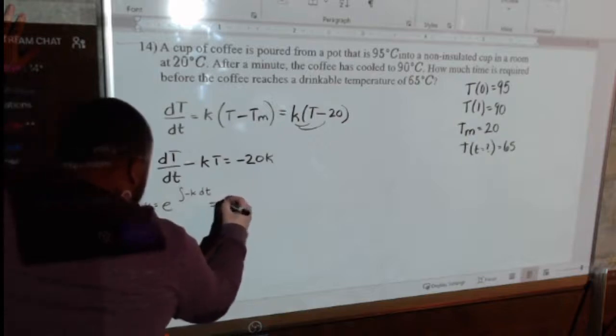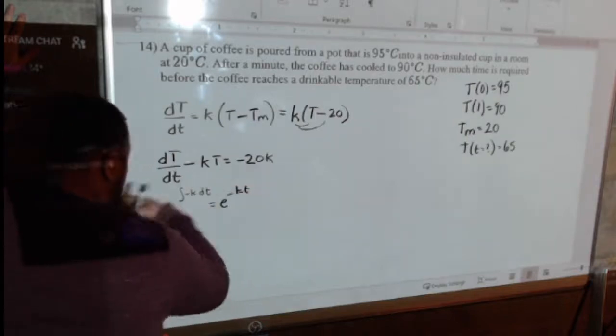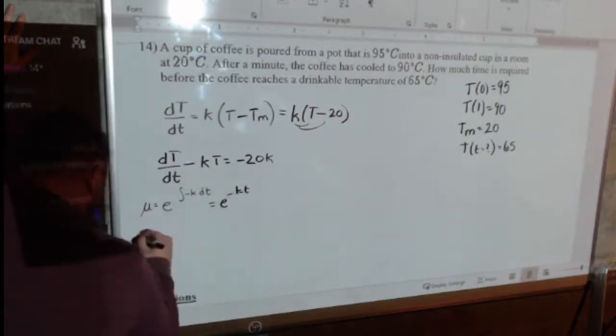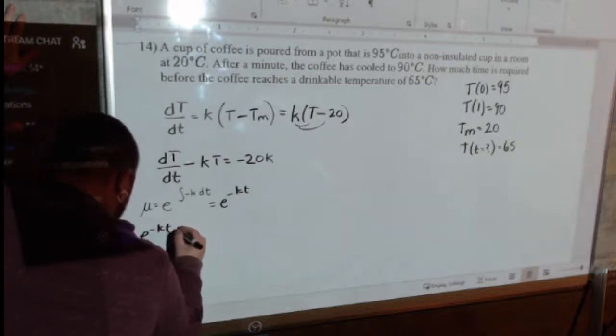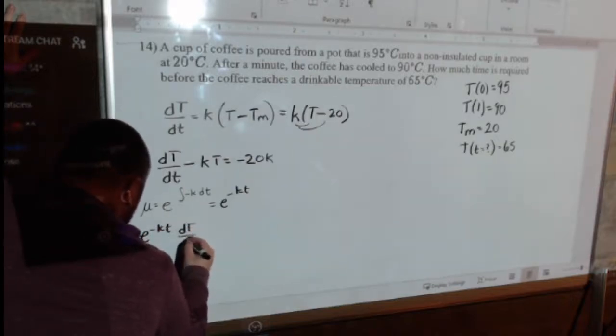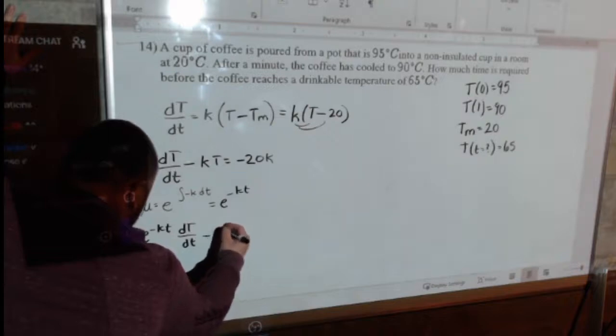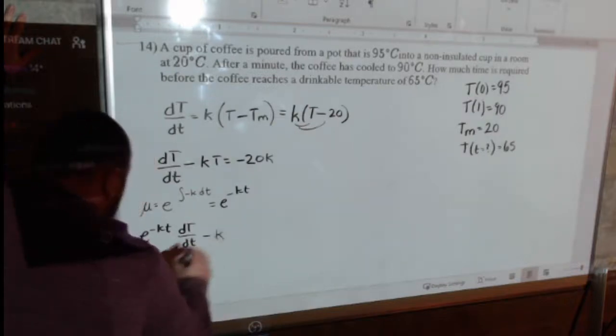So I get e to the minus kt, multiply it through everywhere. I'm going to go ahead and throw this minus k in front.